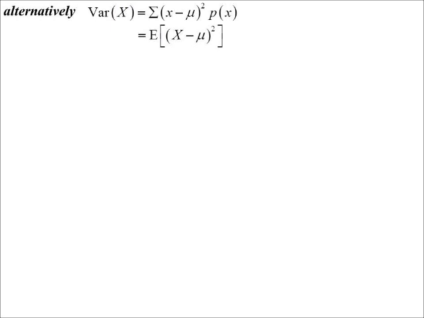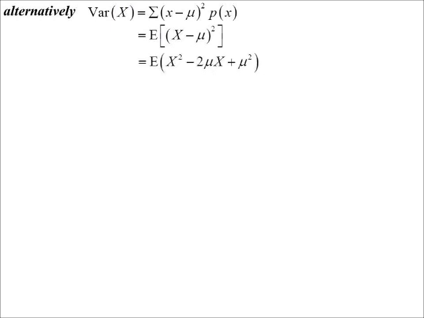Remember the definition, I'll just go back. Here we go. x times p(x), the sum of that was our expected value. So we have something times p(x), sum of it. So we've got the expected value of x minus mu squared.